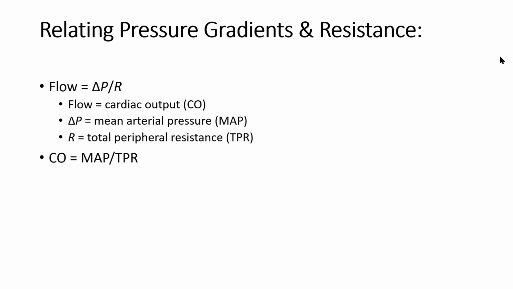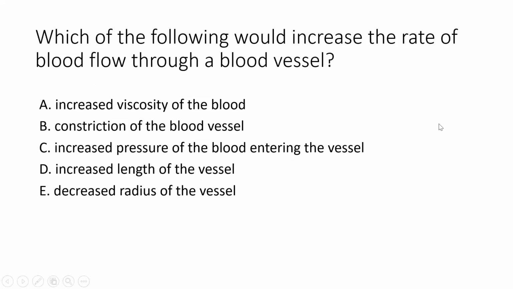Okay, really important relationship to highlight and underscore. This is going to be the more important relationship when we move on to look at our physiology, but we want to understand how this initial physical equation relates to our physiology. Okay. So that's it. Let's look at a few practice questions and then we'll move on.